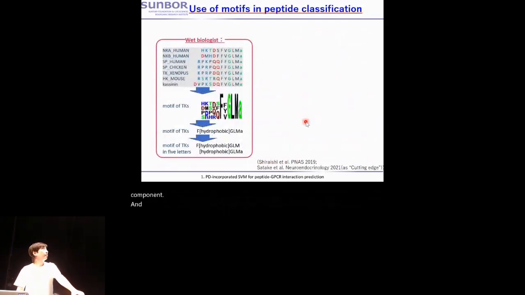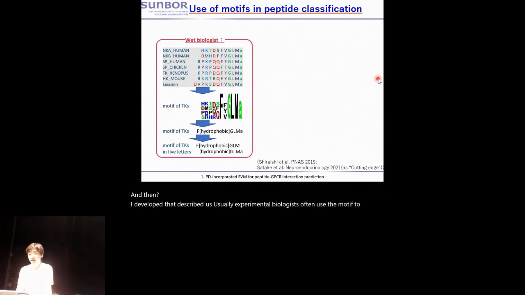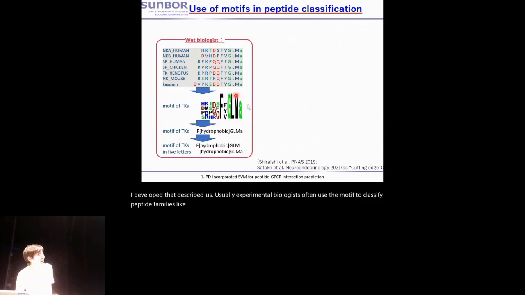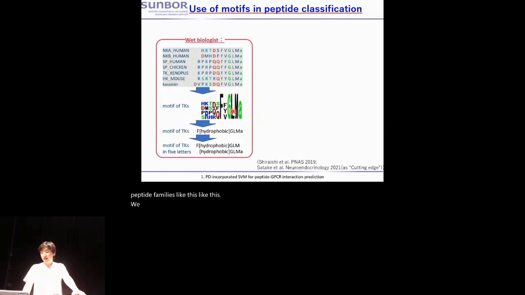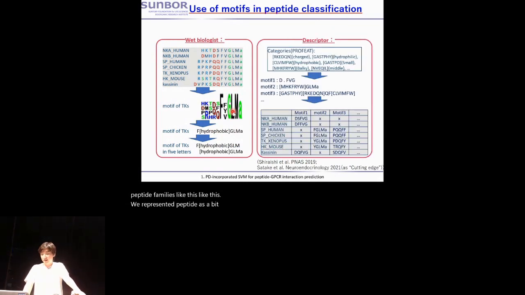And then I developed the peptide descriptors. Usually, experimental biologists often use motifs to classify peptide families like this. We represented peptides as bit vectors that show whether or not they have a motif.